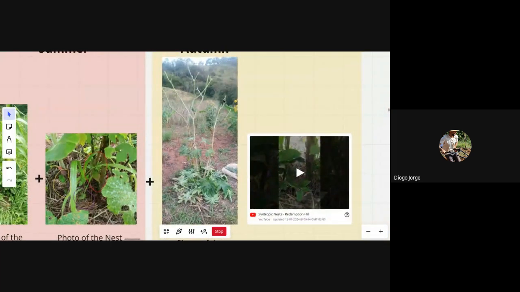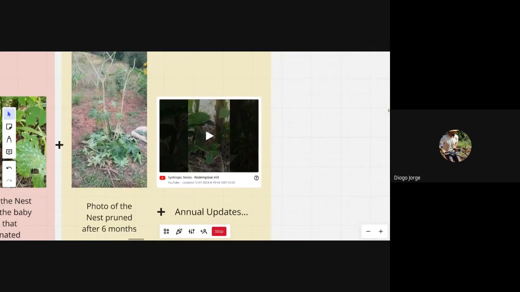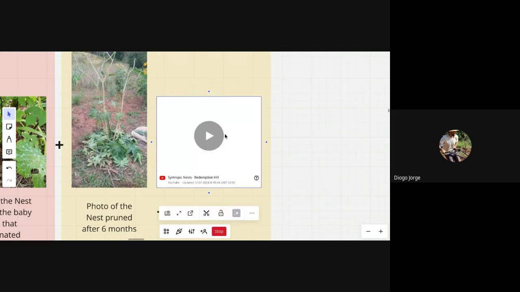Over time, after the summer, we prune, put a lot of organic material on the ground. So this is the syntropic nest. I'll quickly show this video just so it's in the presentation.